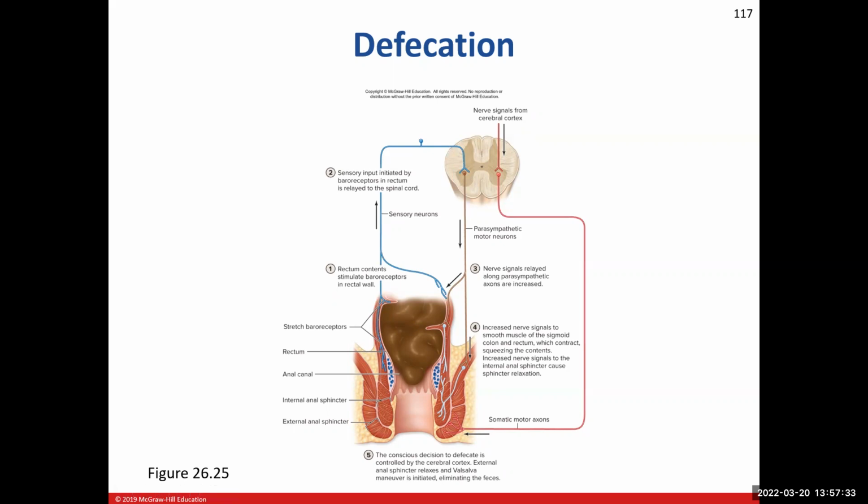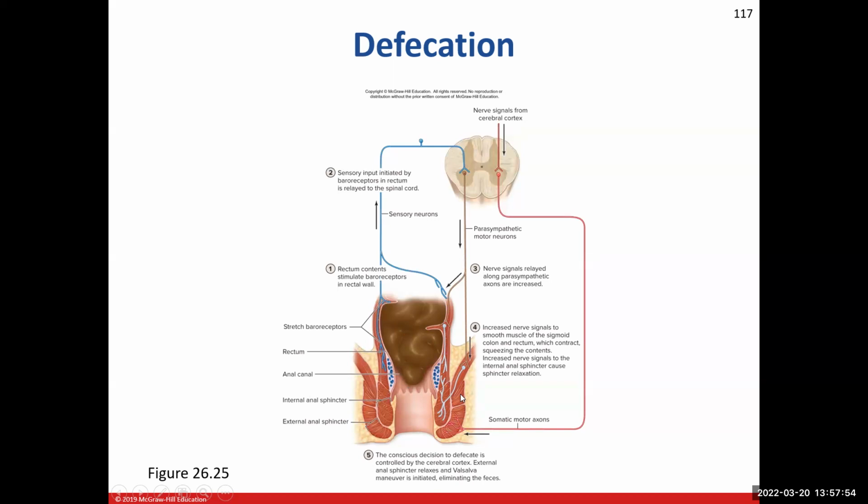Those parasympathetic motor neurons are going to send motor output information to the smooth muscle cells along the wall of the rectum. So they'll start to contract and squeeze the contents towards the anal canal.